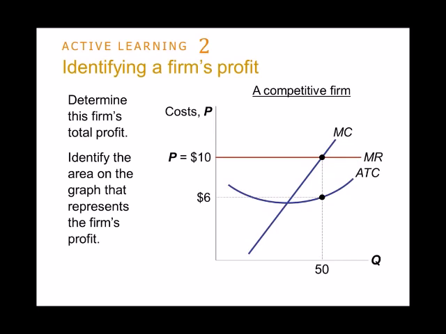Now let's look at this. Let's see how we can identify a firm's profit. We want to determine the firm's total profit, and the area of the graph that represents this profit. So we have our marginal revenue, our marginal cost, and our average total cost.